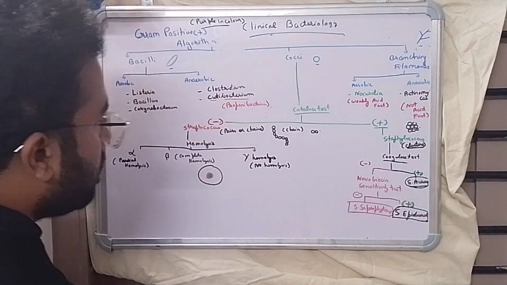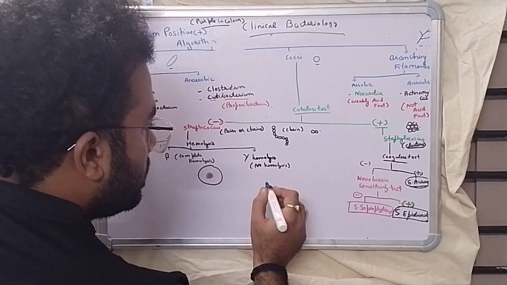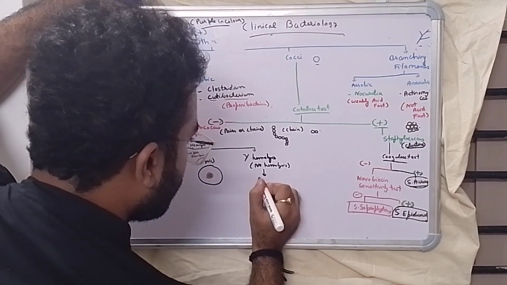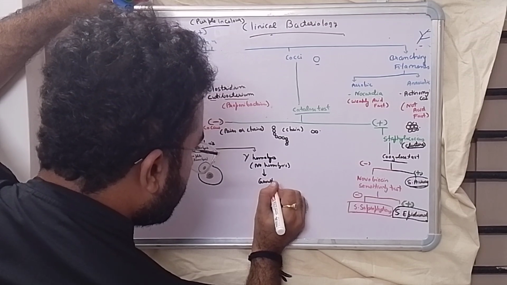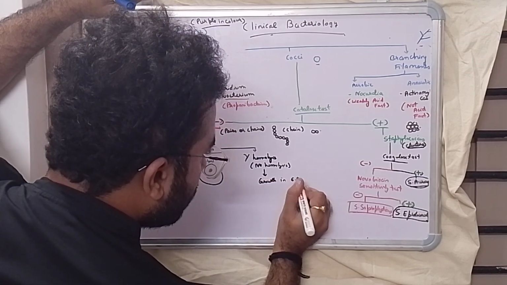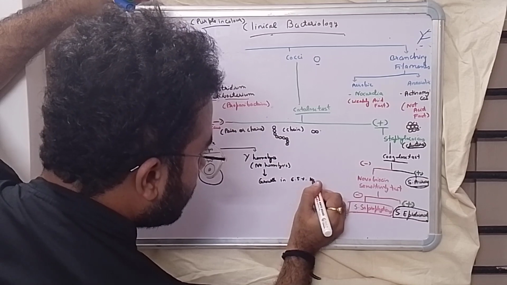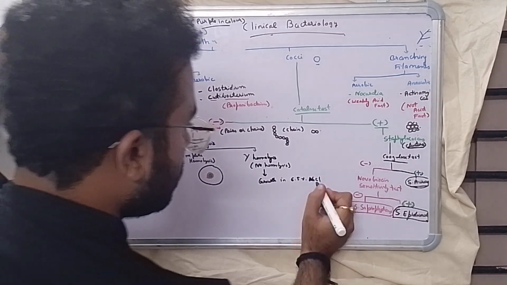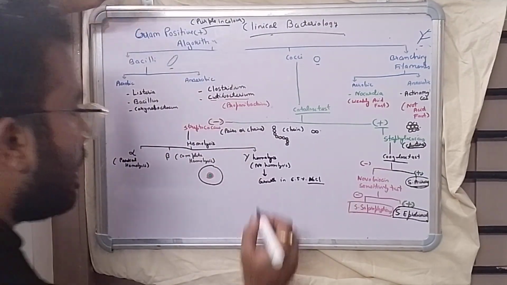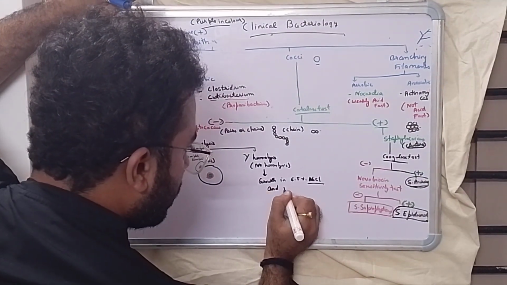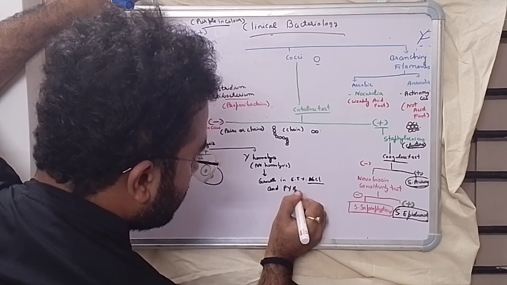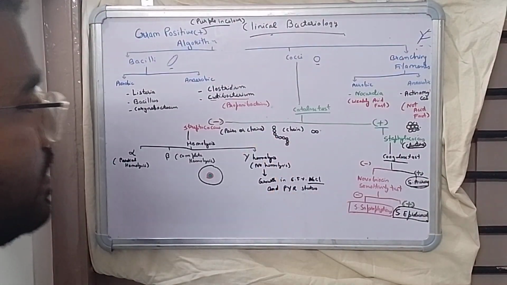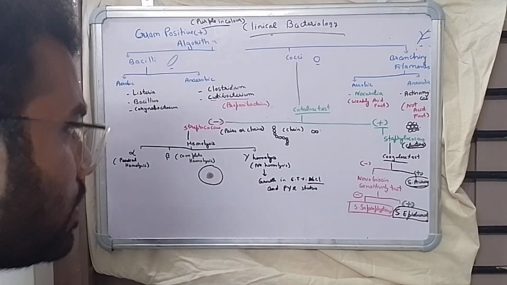For example, for gamma hemolysis, we will grow this bacteria in 6.5% NaCl and check PYR status.